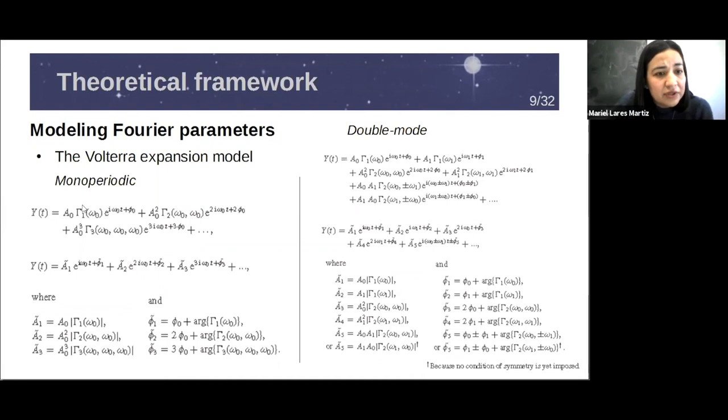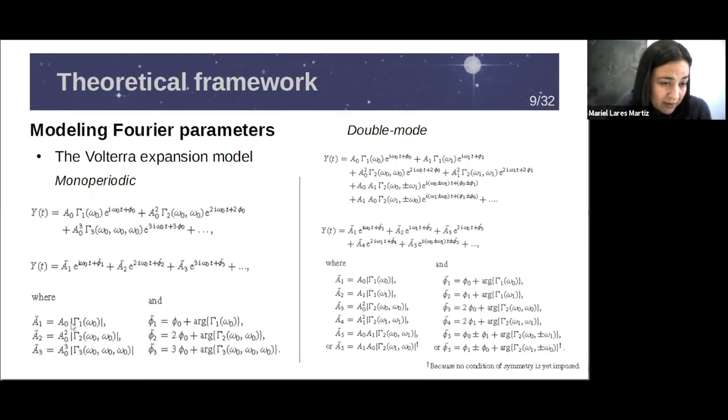These gamma functions, called the generalized transfer functions, account for the nonlinear processes happening within the star. They are complex functions, so rearranging the equations, one can derive the amplitude and phase relations.